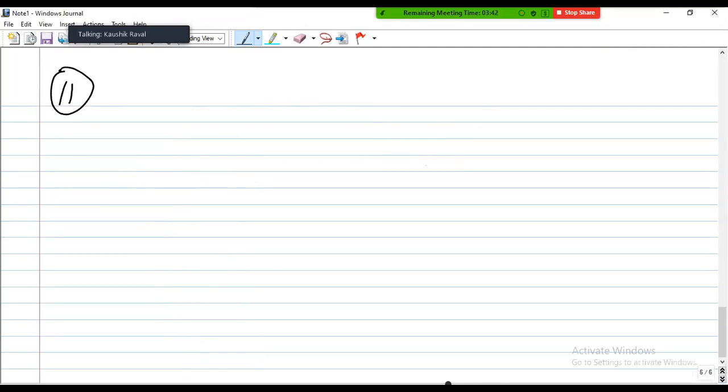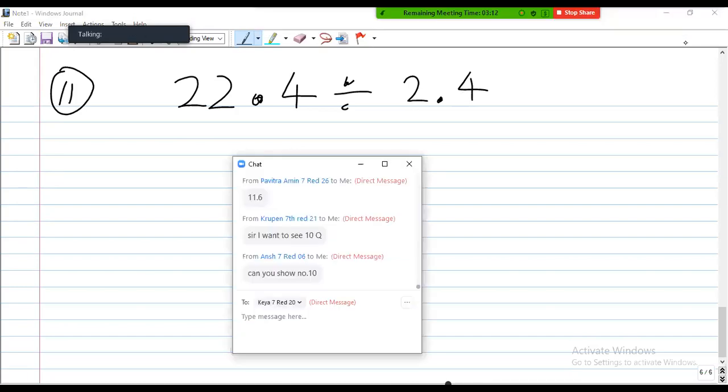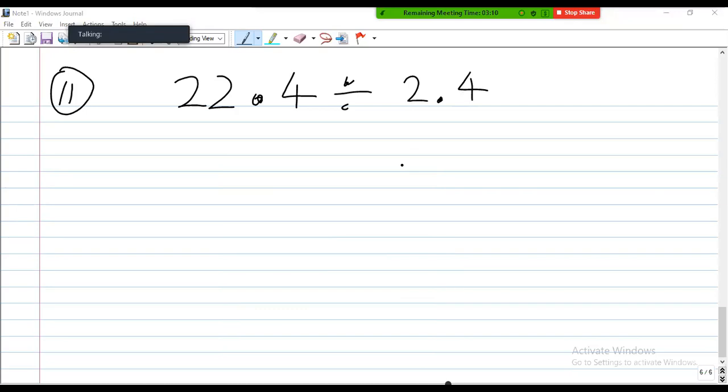Okay, now this is going to be interesting. 22.4 divided by 2.4. How will we divide it? Do you know how to do this? First, note down this one.